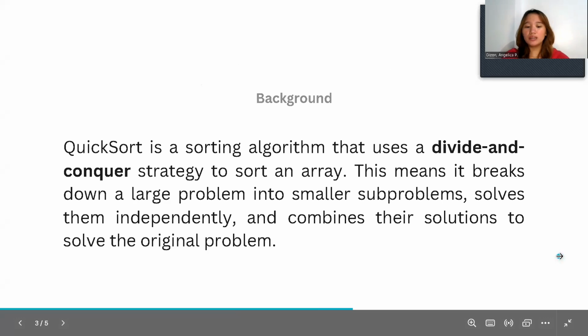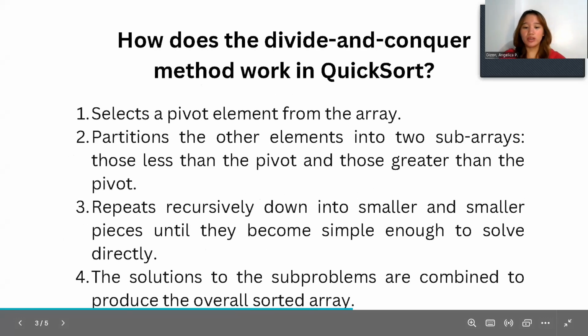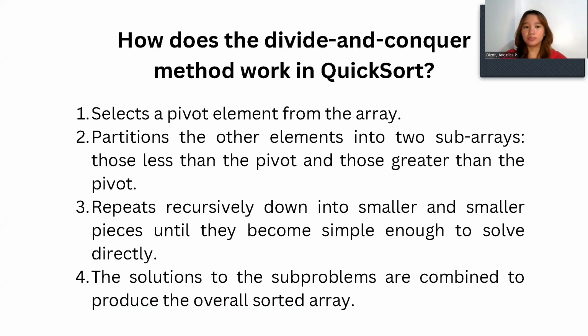So, how does the divide and conquer method work in Quicksort? The algorithm starts by selecting a pivot element from the array. It then partitions the other elements into two sub-arrays: those less than the pivot and those greater than the pivot.